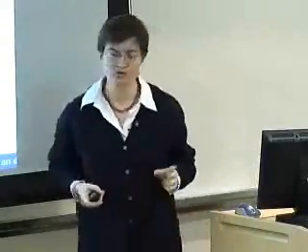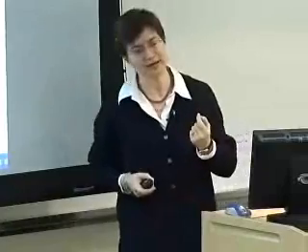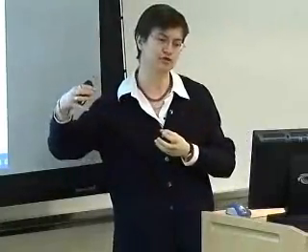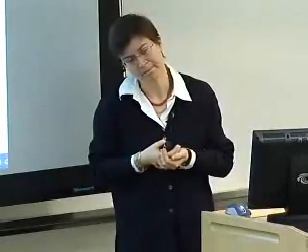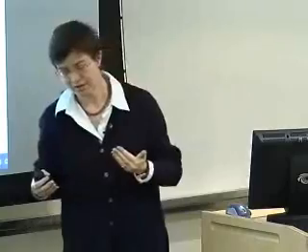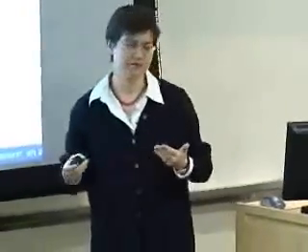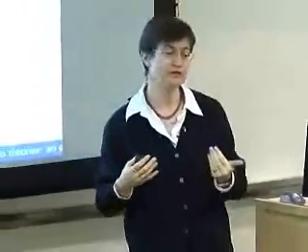Integer offsets modulo is modulo k. So you do not have all the integers, but you have only the integers from 0 to k minus 1. So it means that in integer offsets, you have actually an infinite bunch of axioms.